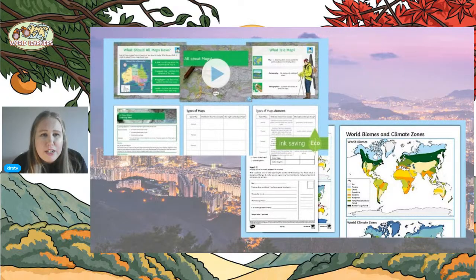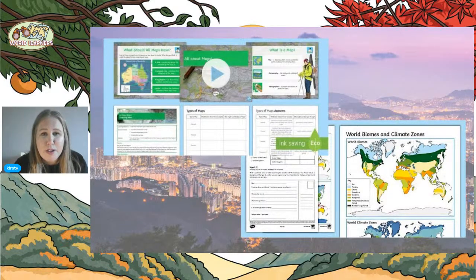Two different activities here, one looking at the different types of maps, so you can recap what we've done today, and there's a quiz in that PowerPoint as well that you can go through to test your knowledge of the different types of map. And the world biomes and climates maps that I showed you earlier. Again, there's an activity to do in those.